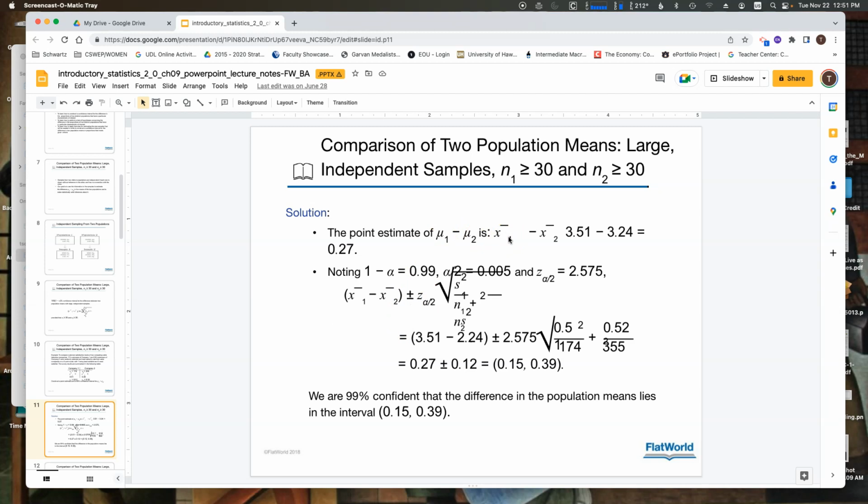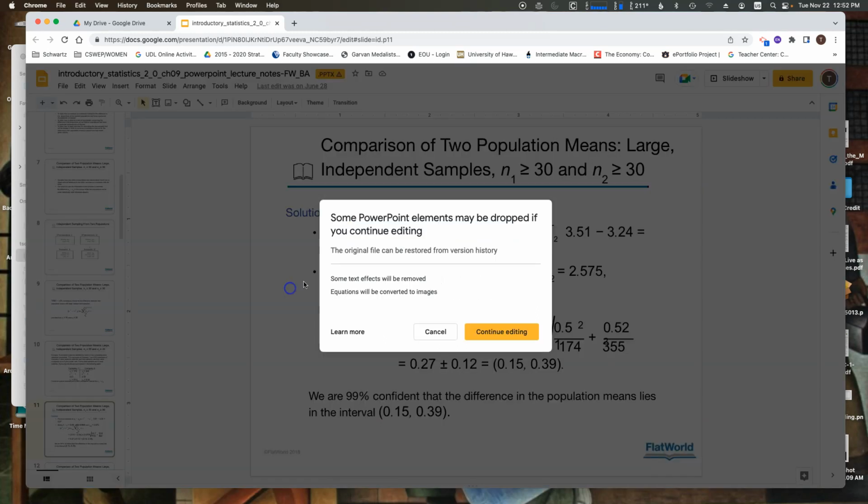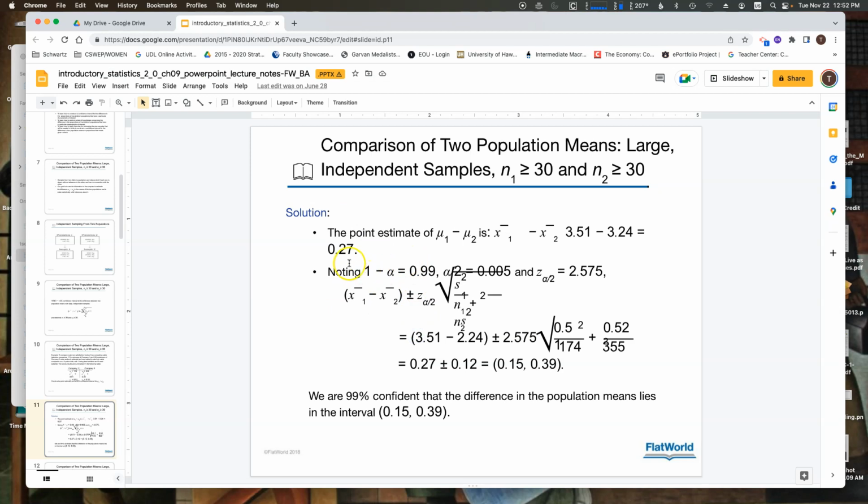Okay, so let's first find out what that difference is. Well, that one is simple. What's the difference between the mean scores? That would just be our 3.51 minus our 3.24. So we're going to start out here with a difference of 0.27. Now we're constructing a 99% confidence interval. That z-score is 2.575.